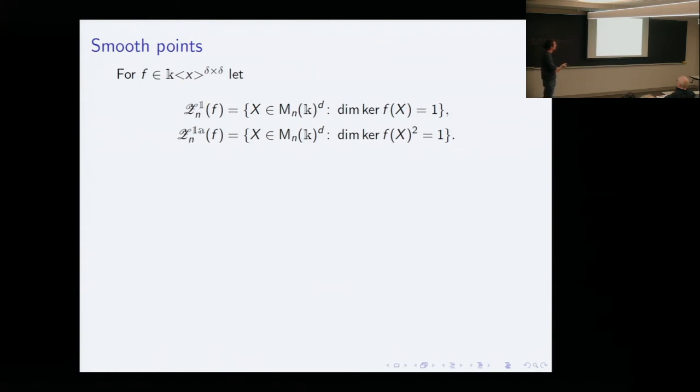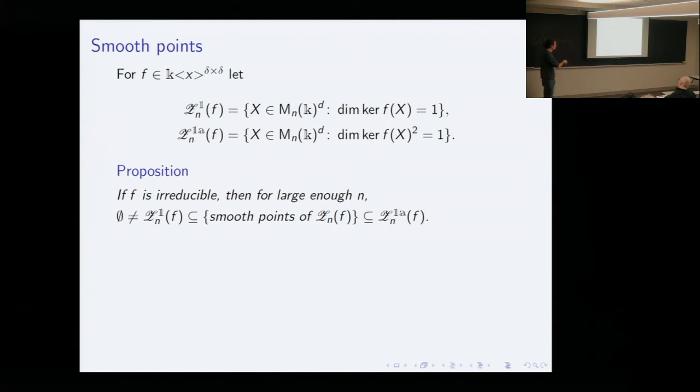The dimension of the kernel is non-zero, but it's small. And then you can check that if f is an irreducible polynomial, then again, at least for large enough n's, these two sets, where the kernel has dimension 1 and where the eigenvalue is algebraically simple, can be different, but what's in between is the smooth points of the free locus. Smooth points lie in between.